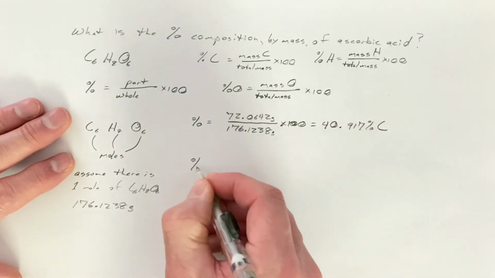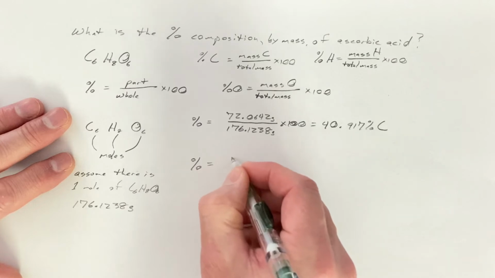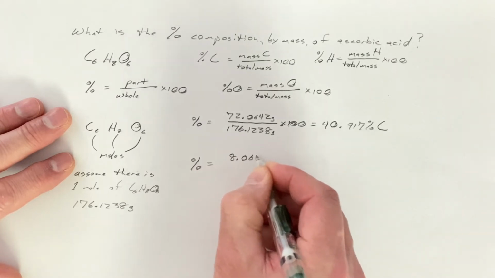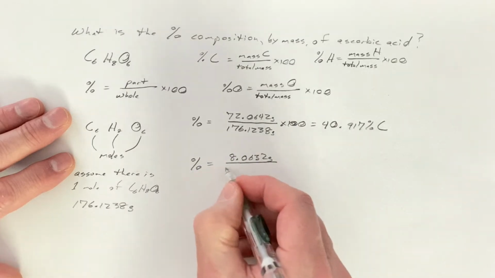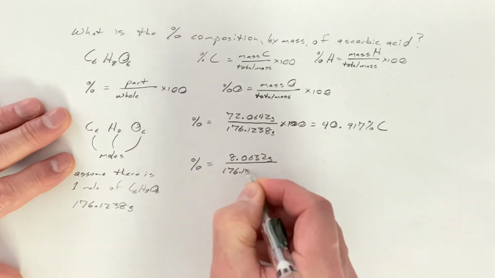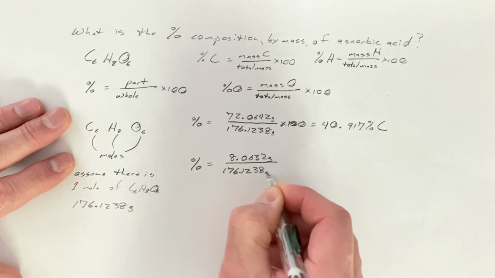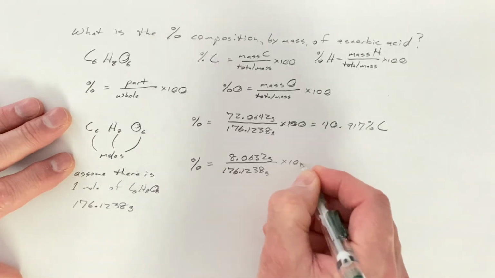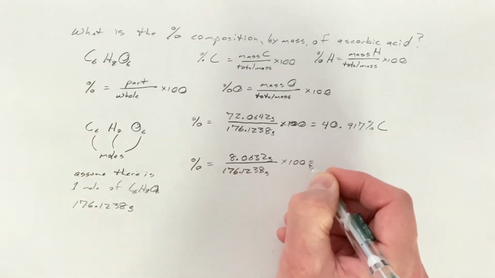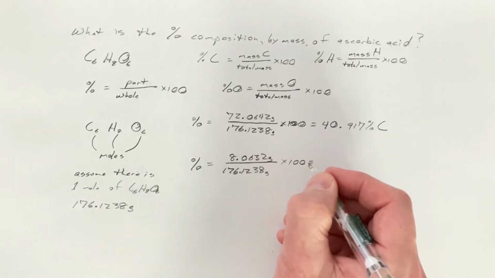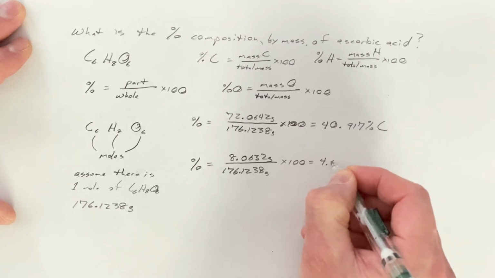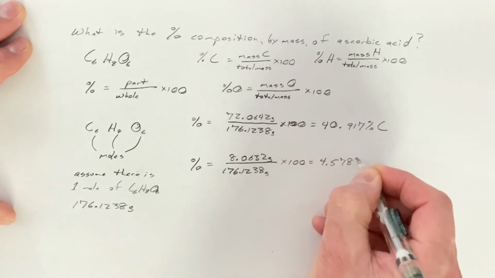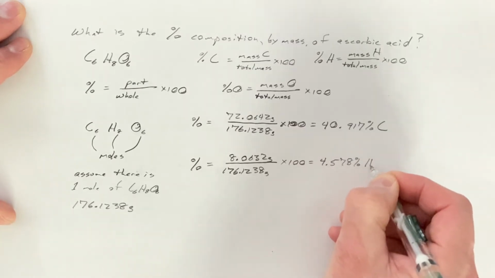So our percent hydrogen will be 8.0632 grams divided by the whole, which remains 176.1238 grams. We will multiply by 100, and this gets us 4.578% hydrogen.